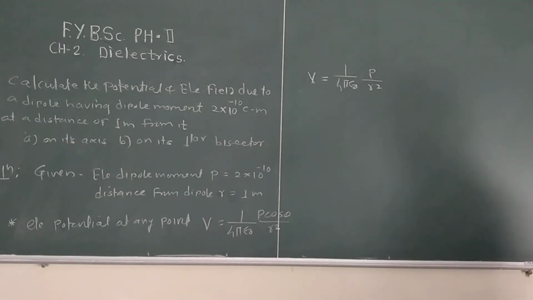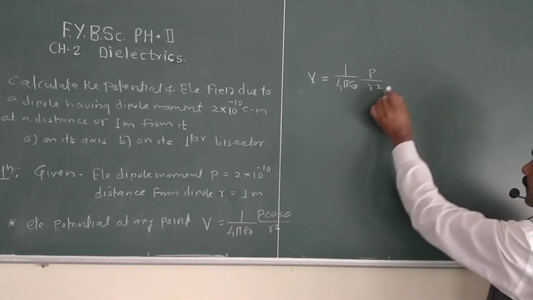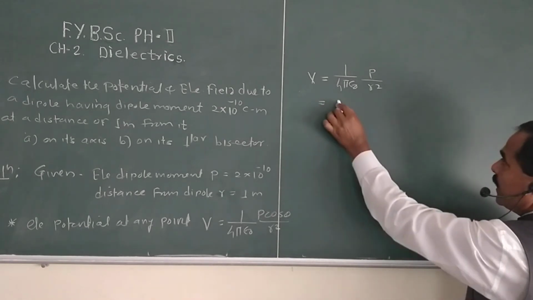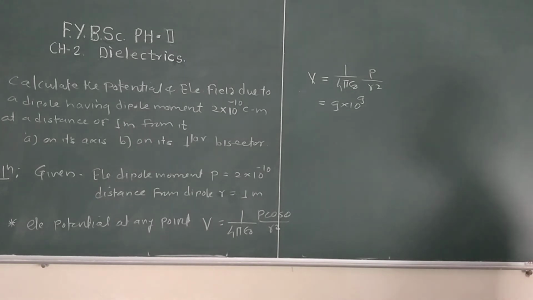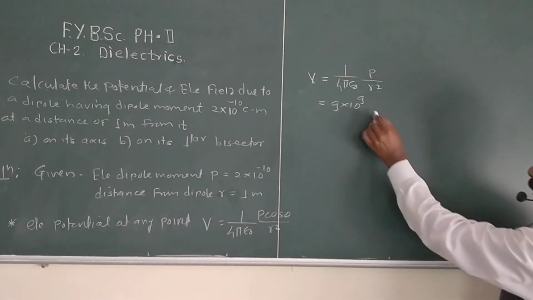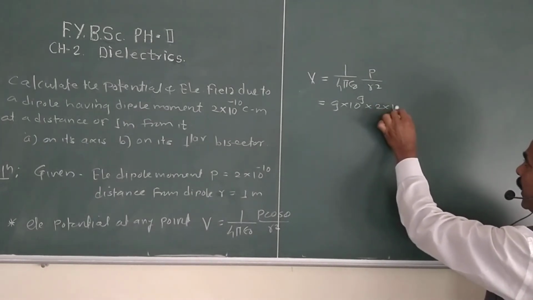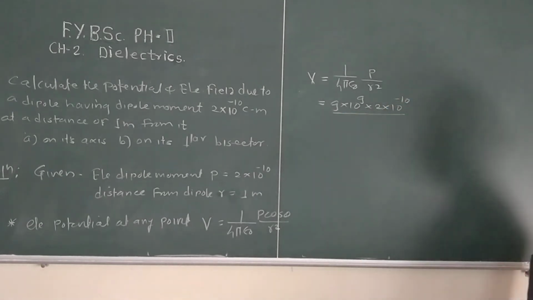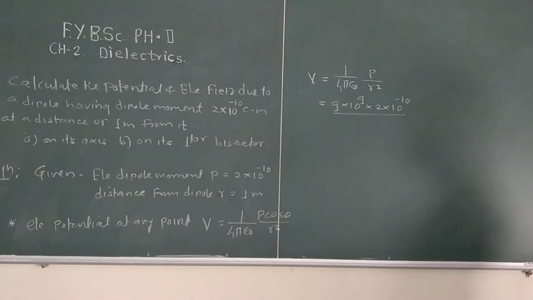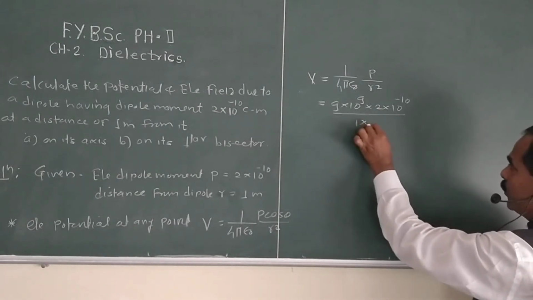Then we substitute the value. It is equal to 9 into 10 raised to 9, the value of 1 upon 4 pi epsilon naught, into 2 into 10 raised to minus 10 divided by R square. R is 1 meter, so write 1 into 1.